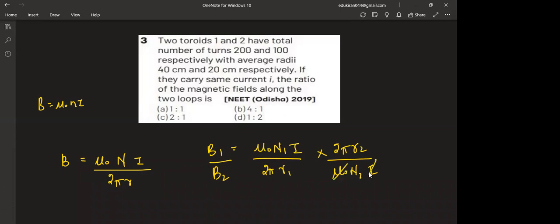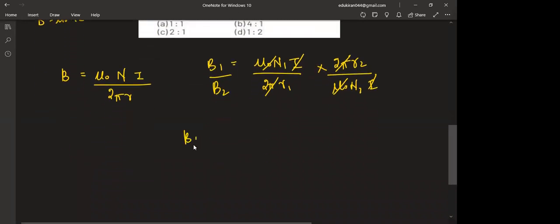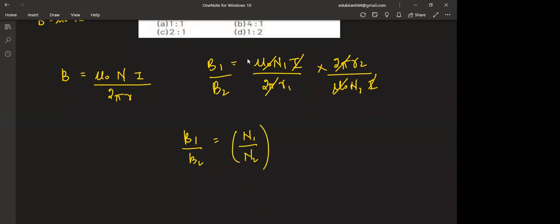So mu naught I gets cancelled, 2 pi also gets cancelled. So for B1 by B2, we just have to substitute the values: N1 by N2 and this is r2 by r1.